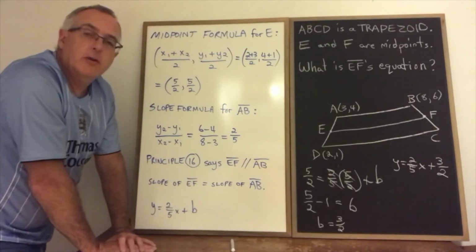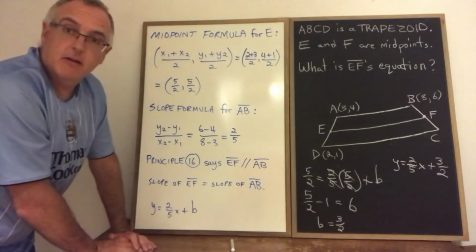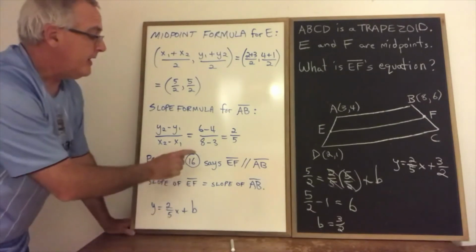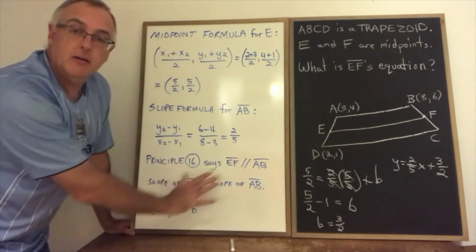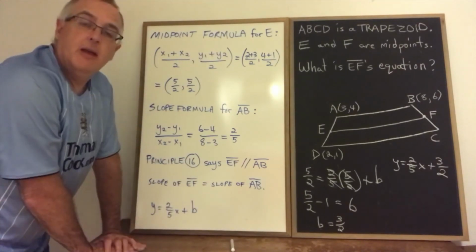Make sure that you are using the list of theorems that comes with your course. But if you are in my class studying Math 4273, it is enough to justify steps in this problem to say principle 16.